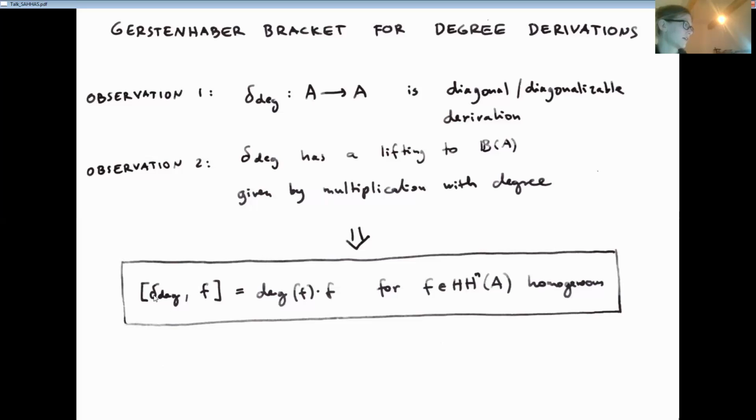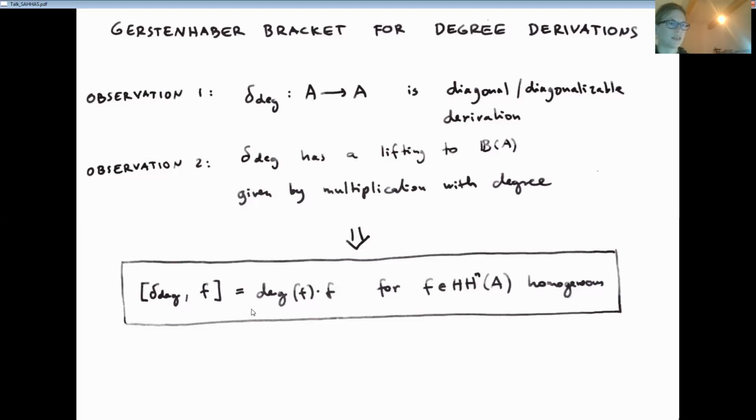And so from that, one can get quite immediately that the Gerstenhaber bracket with such a special derivation, such a degree derivation, on a homogeneous representative f inside some n Hochschild cohomology will be again just multiplication with the degree of f. Right?